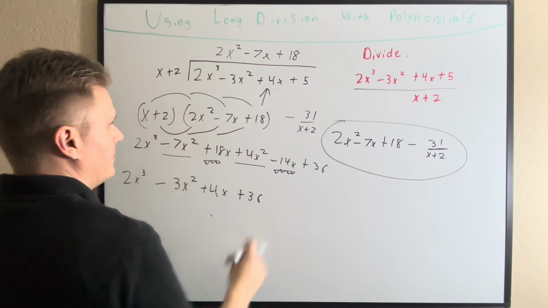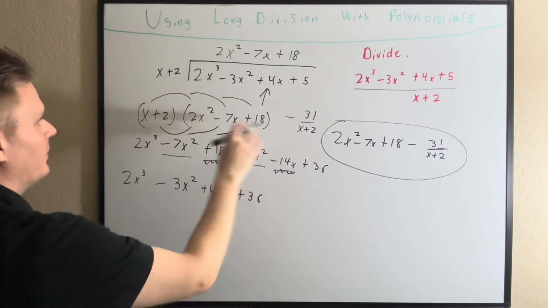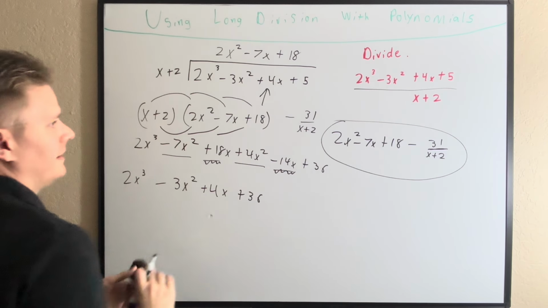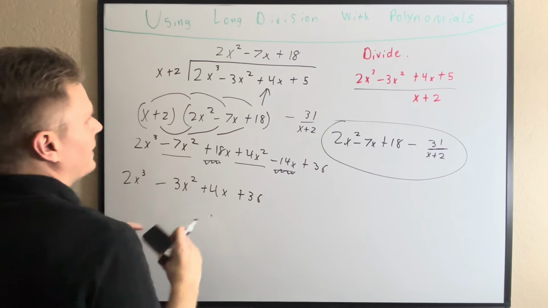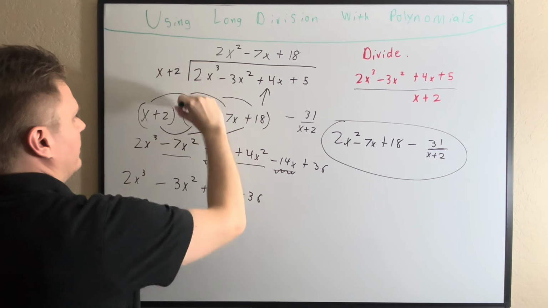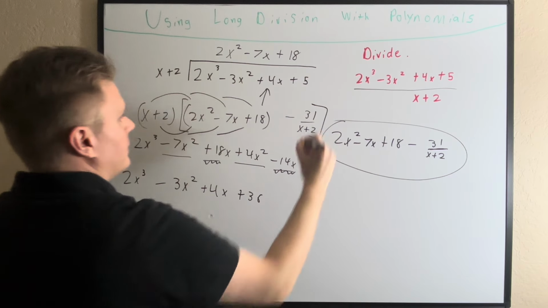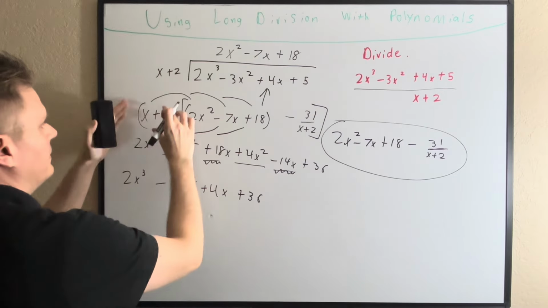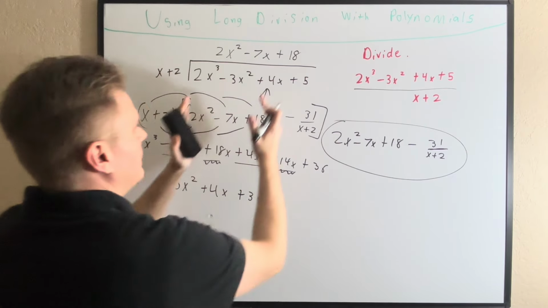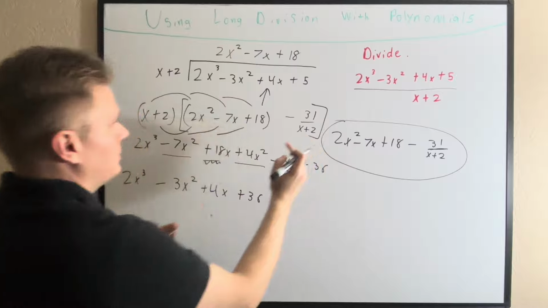This is where our remainder comes in. Because we'd already multiplied, technically, we're doing this, and actually distributing the x plus 2 to this term as well.